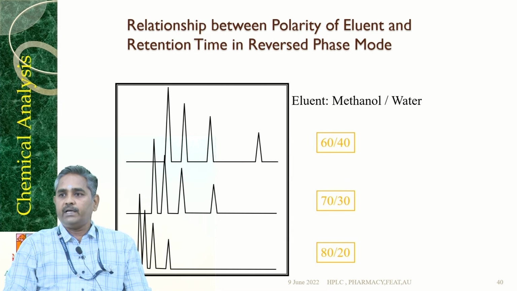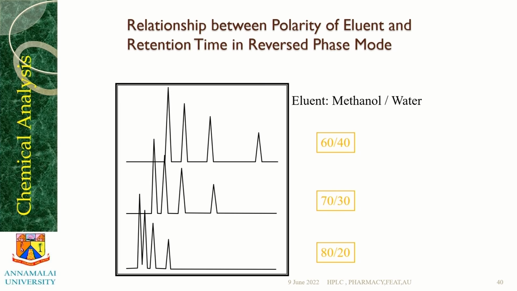Relationship between polarity of the eluent and retention time in the reverse phase mode. So, here you see in the first chromatogram 60:40 methanol to water is used, and the retention time is around 10 minutes, whereas in the second chromatogram 70% methanol is used.